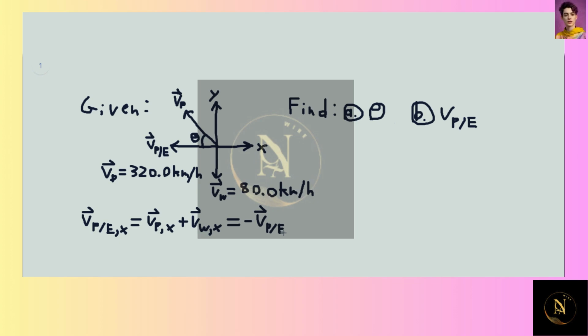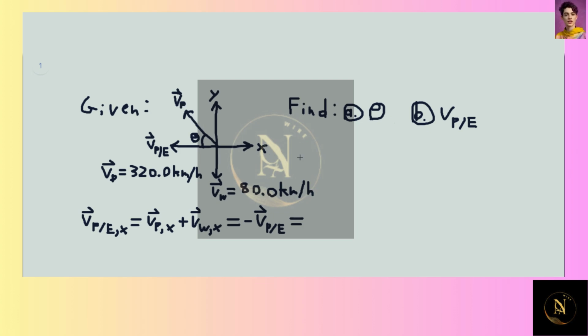Now what about the velocity of the plane in the x direction? Let's look at these individually here. The velocity of the plane in the x direction is going to be a negative value because the velocity of the plane is pointing in the negative x direction, because the vector is in the negative x direction and the positive y direction here.